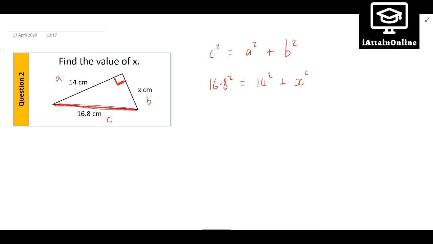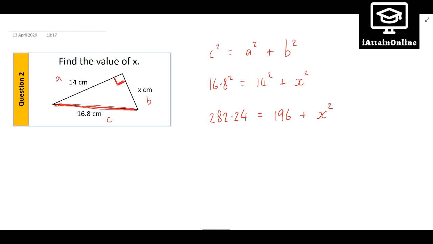If I do 16.8 squared, I get 282.24, and then 14 squared is 196 plus x squared. Okay, so I want to end up with x squared equals something, because then I can work out what x equals.